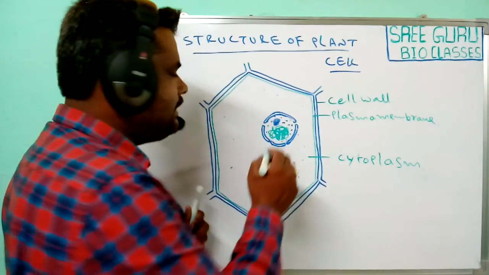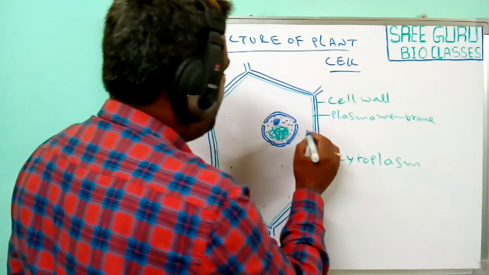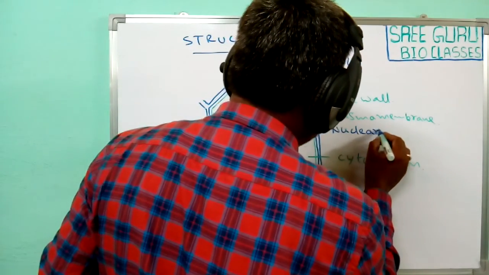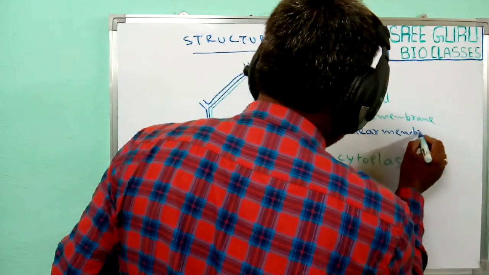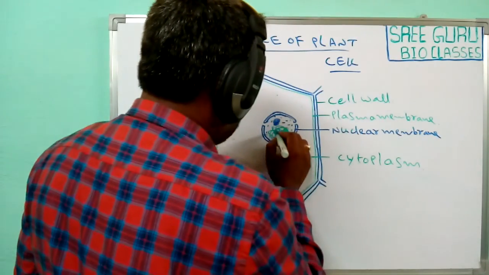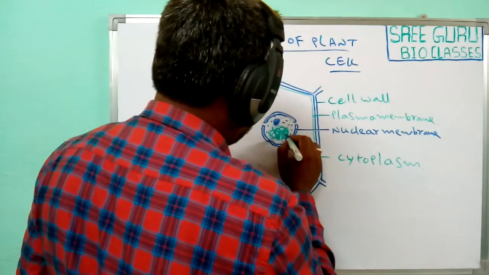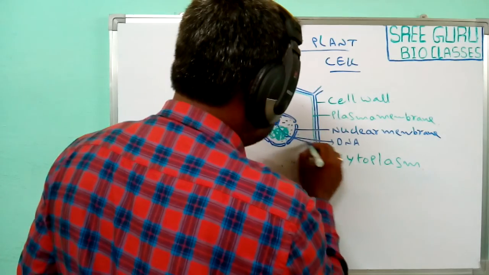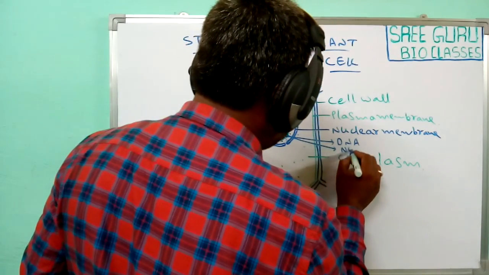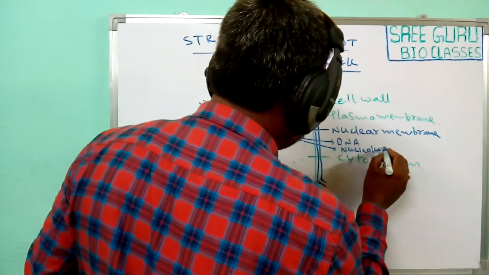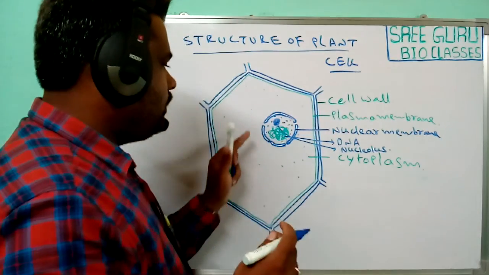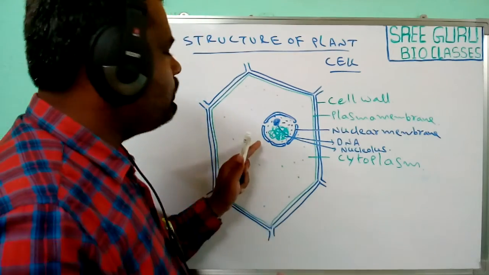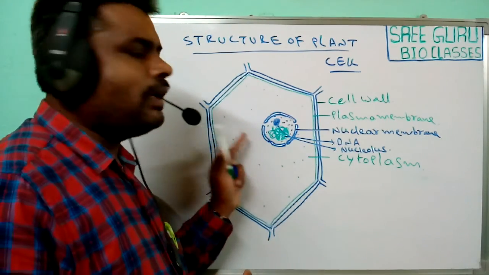The nucleus is surrounded by a double membrane, known as the nuclear membrane. The nucleus has DNA and the nucleolus. So the presence of a nucleus is a characteristic feature of this eukaryotic cell, that is, the plant cell.